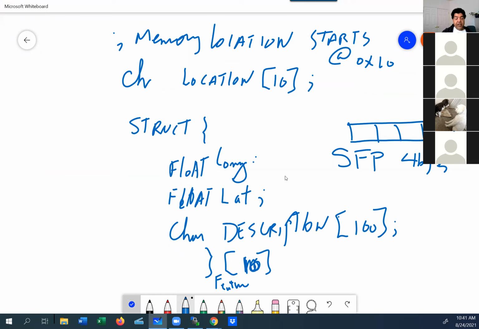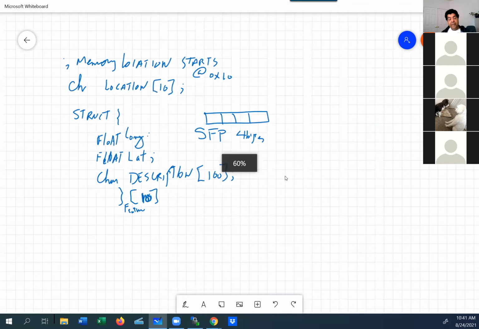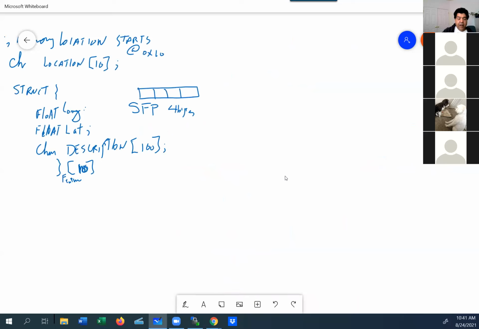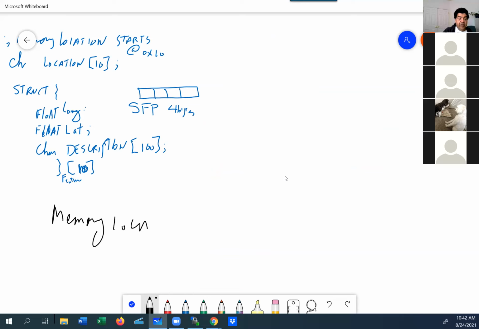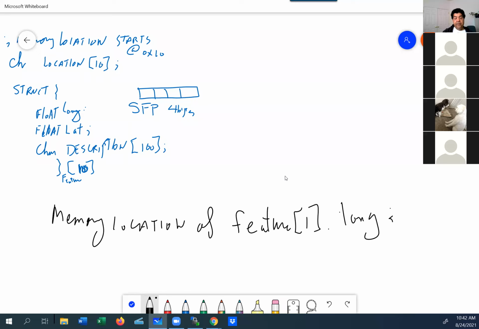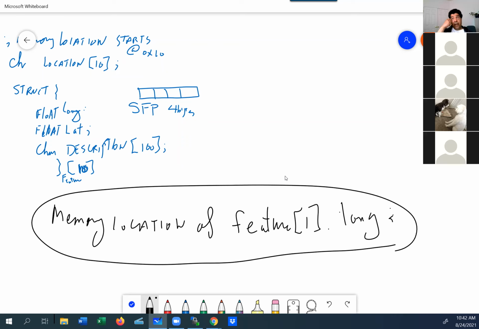So a potential question would be: memory location of feature1.longitude. So it wants you to know where feature1.long is located.